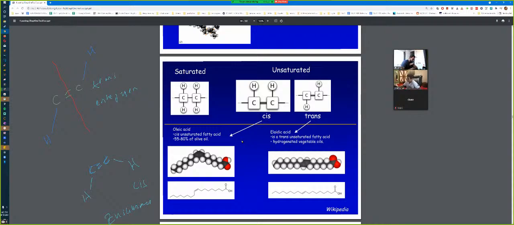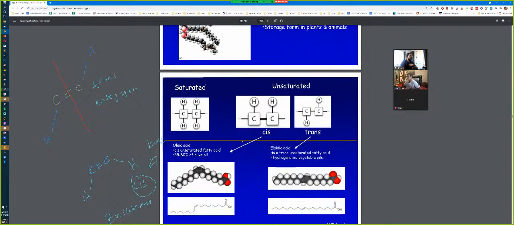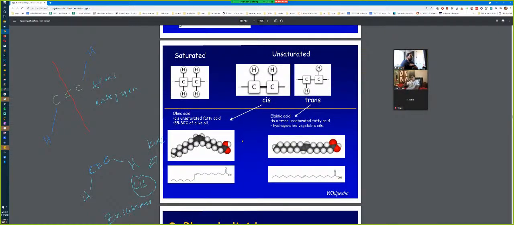Oh yeah, I guess what's important is that the cis ones create the kink. Well, they both create kinks, but cis creates a bigger kink. If you just look at this one over here, that double bond doesn't really affect the overall structure, right? It's still this straight line over here.